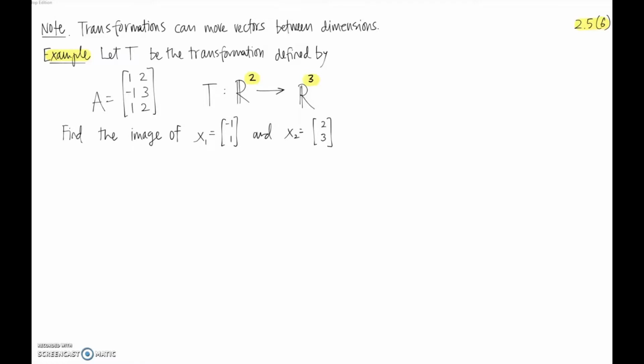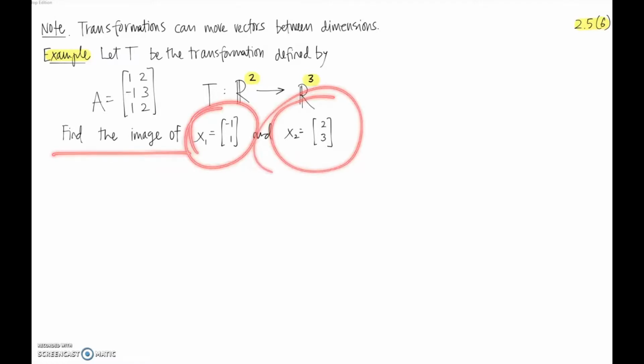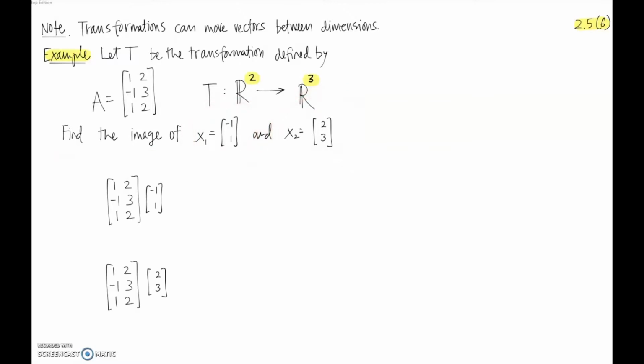And so the job they want us to do is find the image of this vector and this vector. So to find the image of those vectors, we just take the transformation matrix and multiply it by the vector. So it looks like over here we'll be getting -1 plus 2 is 1, and 1 plus 3 is 4, and one more, -1 plus 2 is another 1.